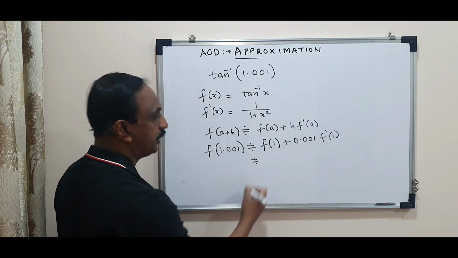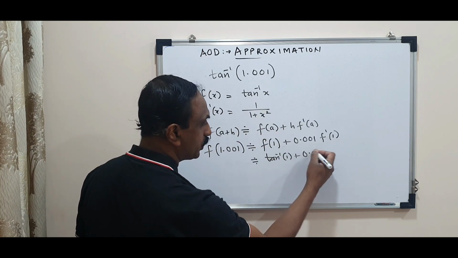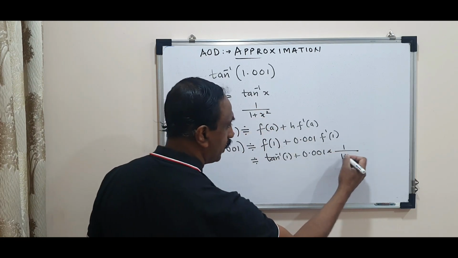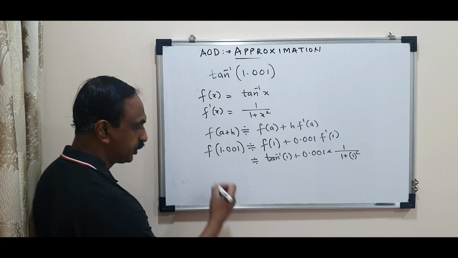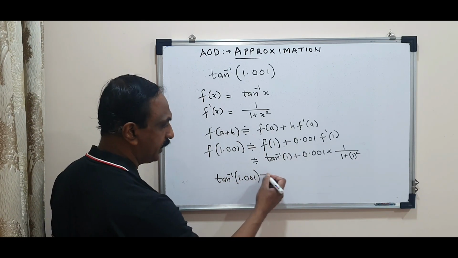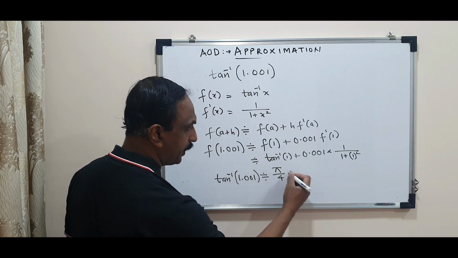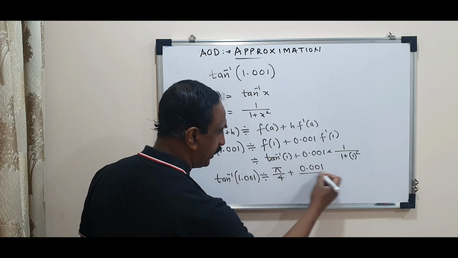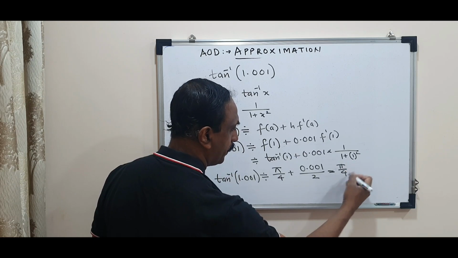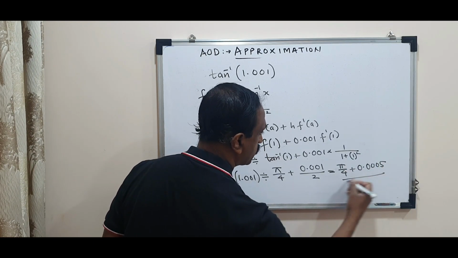That becomes f of 1 is tan inverse of 1, plus 0.001 into f dash of 1, which is 1 upon 1 plus x square, so 1 plus 1 square. So I can say tan inverse of 1.001 is approximately equal to tan inverse of 1, pi by 4, plus 0.001 divided by 2, which is equal to pi by 4 plus 0.0005. So we can leave your answer over here.